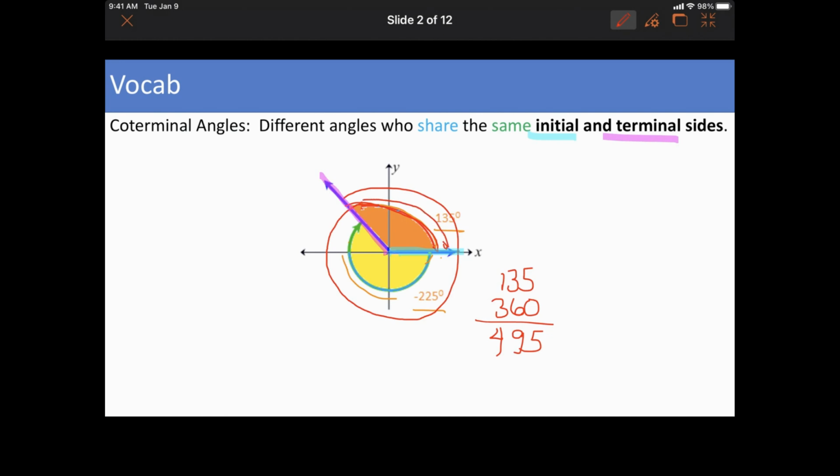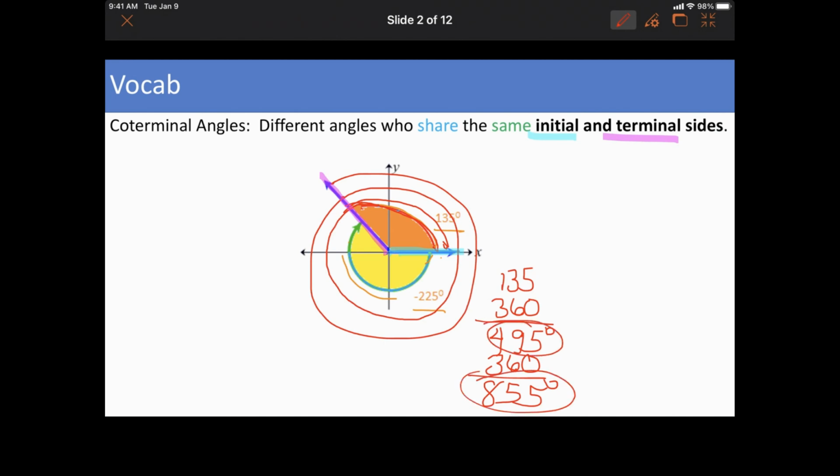Maybe I'll draw it out like that here. So that would be coterminal. What if I give it another rotation? Another 360. That still has the same initial and terminal side. So that's another coterminal. So that's two more positive ones.